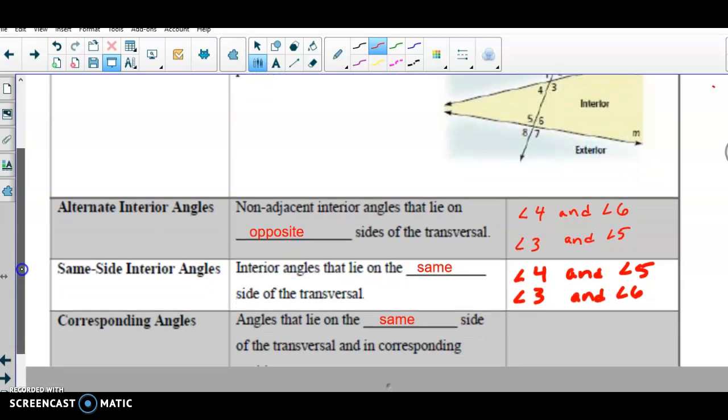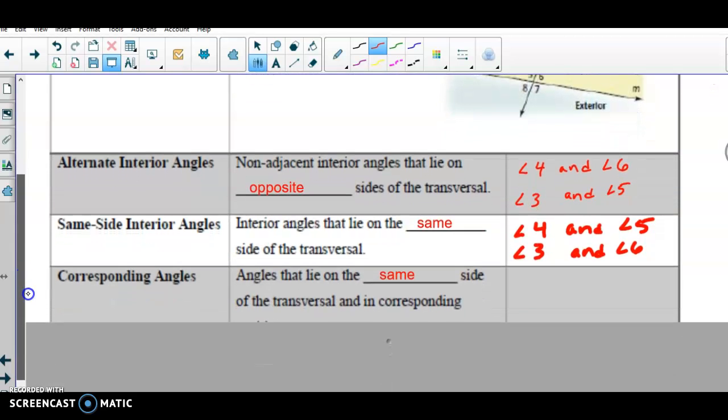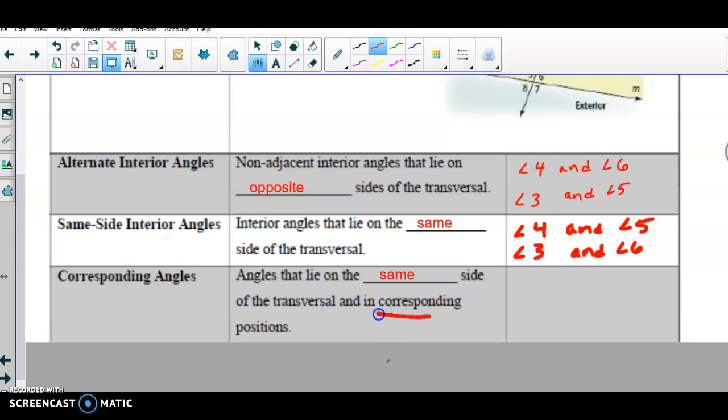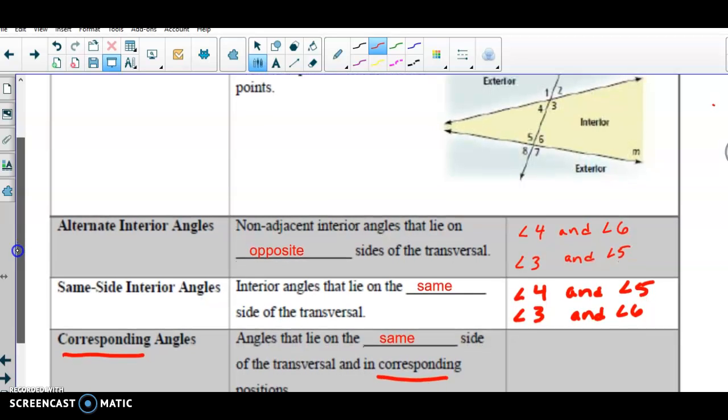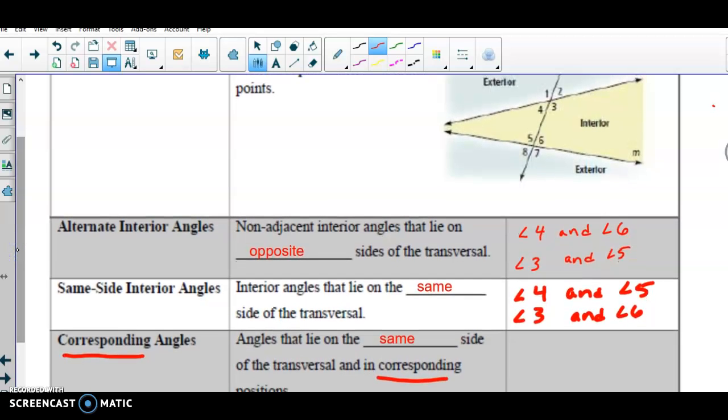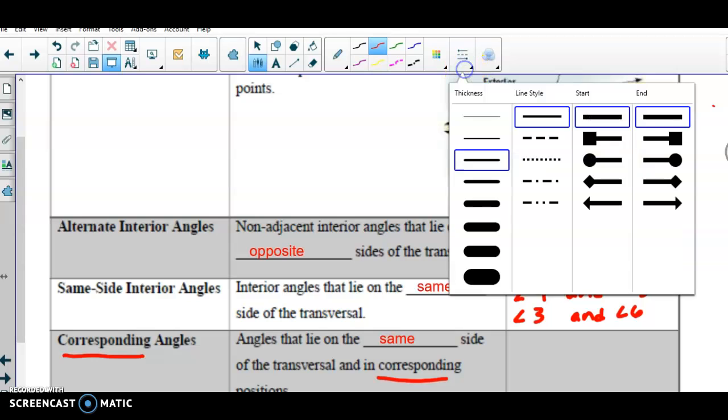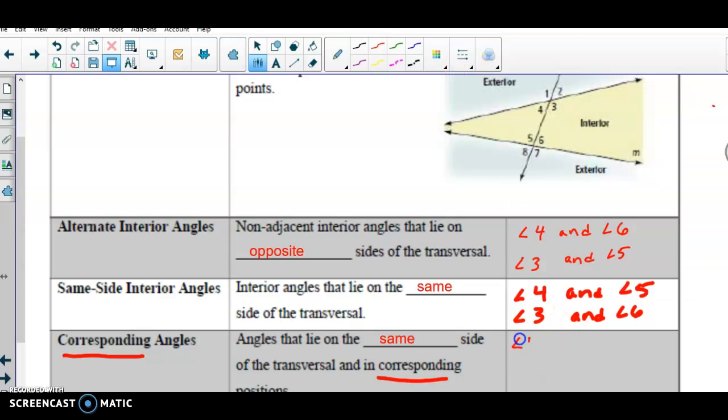Corresponding angles. Corresponding angles are angles that lie on the same side of the transversal in corresponding positions. Now, it's not very fair to use the word corresponding in the definition. So let's just take a look. Corresponding means same side of the transversal, but they're either both going to be above those two lines or below. So an example would be angle 1 and angle 5.